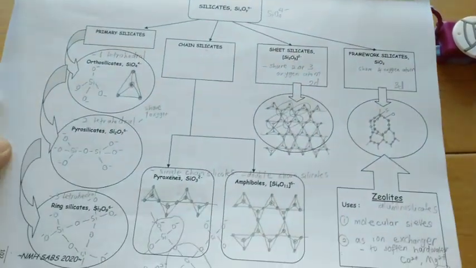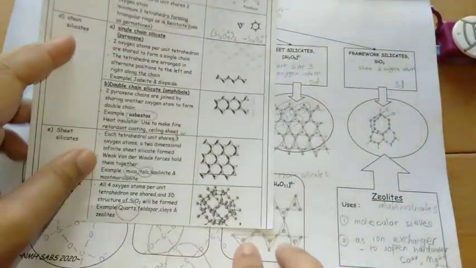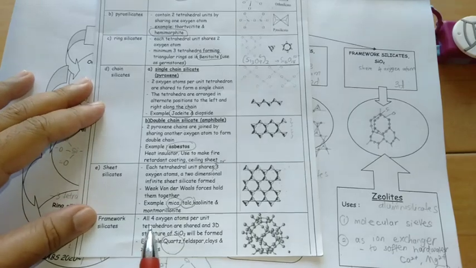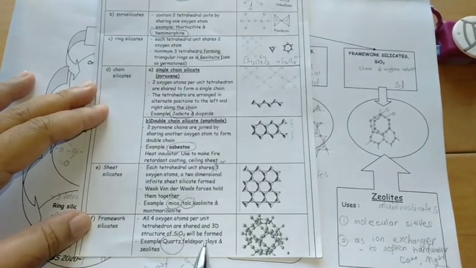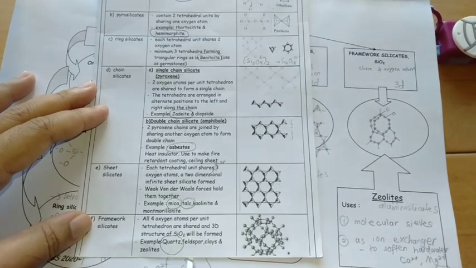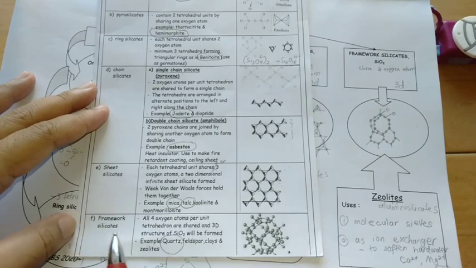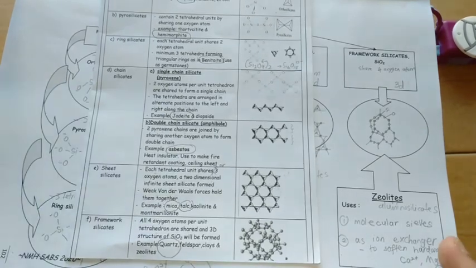Then, looking back at the framework silicates, the examples given are quartz, feldspar, clays, and the zeolite that I mentioned earlier. Zeolite and quartz are the most famous framework silicates.